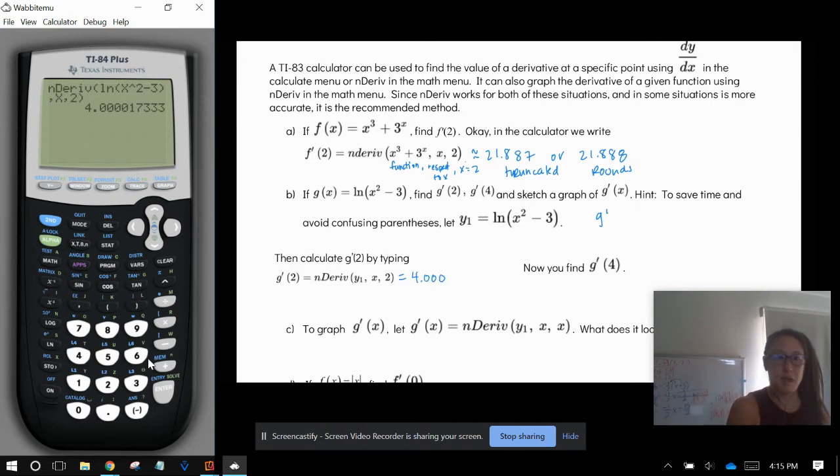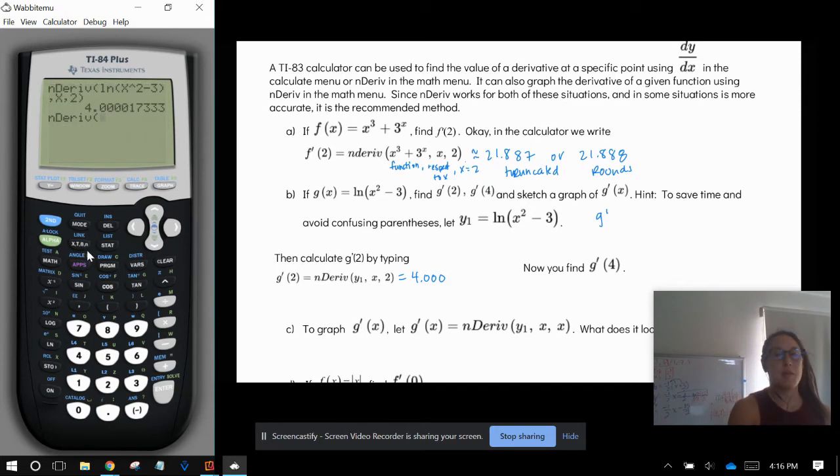All right. Another way you can do this is if we type in y equals, I'm going to type in my function, the ln of x squared minus 3. And this time on the home screen, I'm going to go to math, then to 8 again to take the derivative.